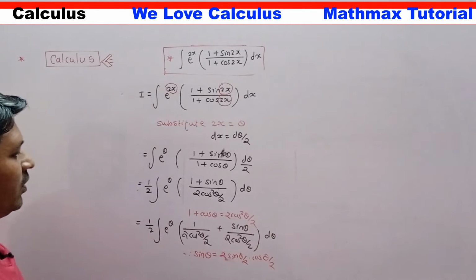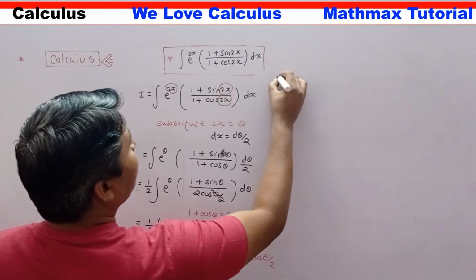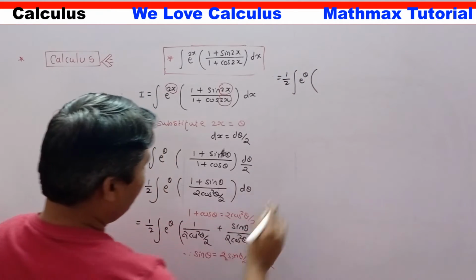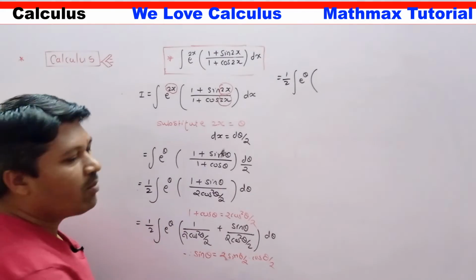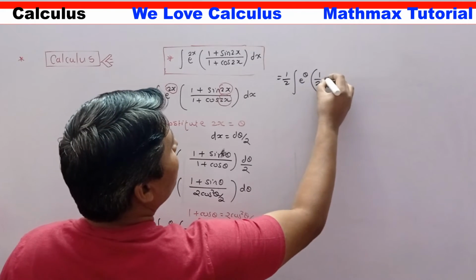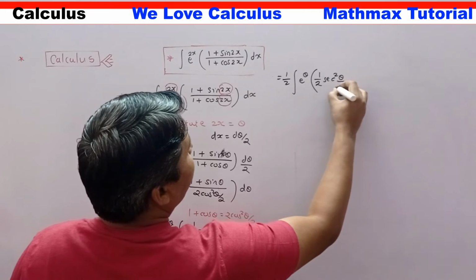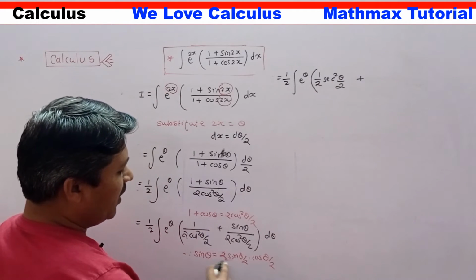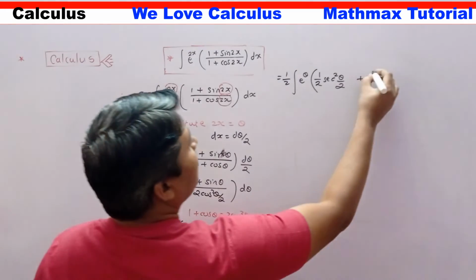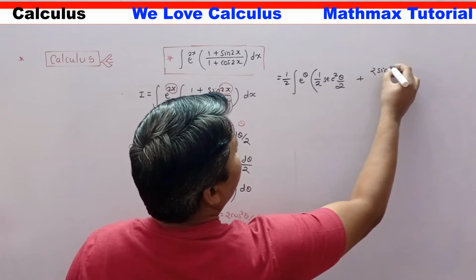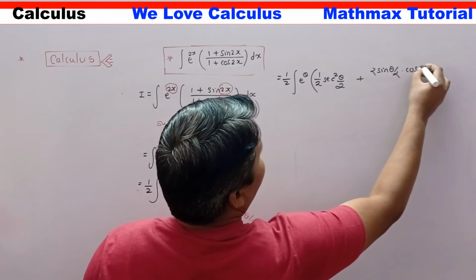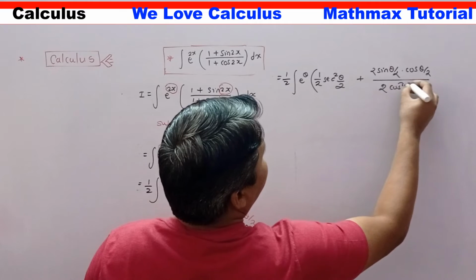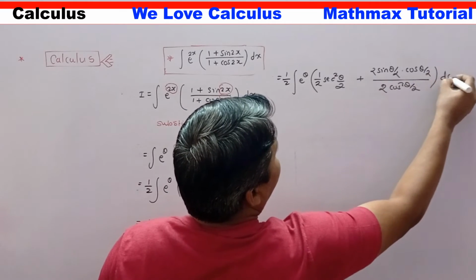Then the integral becomes 1 by 2 integration of e raised to theta times (1 upon 2 cos square theta by 2, that is, 1 by 2 sec square theta by 2, plus 2 sin theta by 2 into cos theta by 2 divided by 2 cos square theta by 2) d theta.